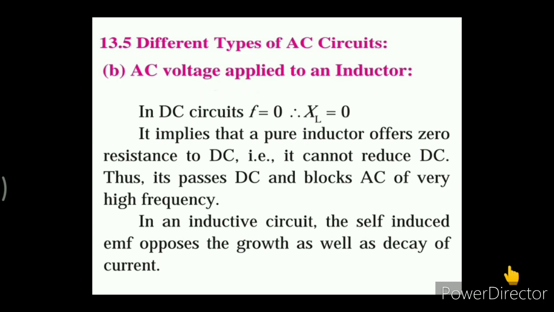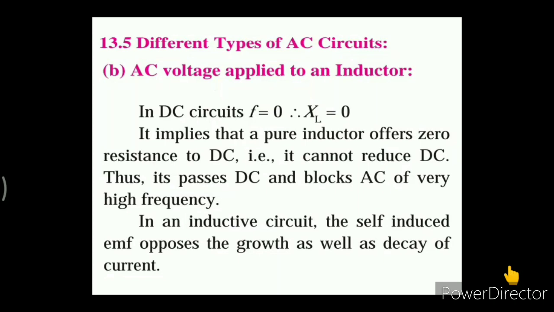So when a pure inductor is connected across a DC source, it passes DC signals only and blocks AC of very high frequency, because in a DC circuit the frequency is 0, so XL is 0. And hence in an inductive circuit, the self-induced EMF opposes the growth as well as decay of the current.